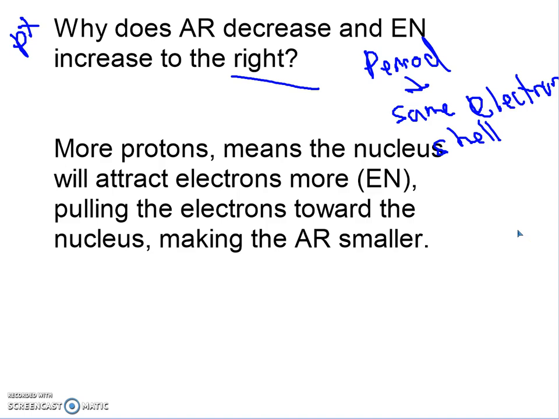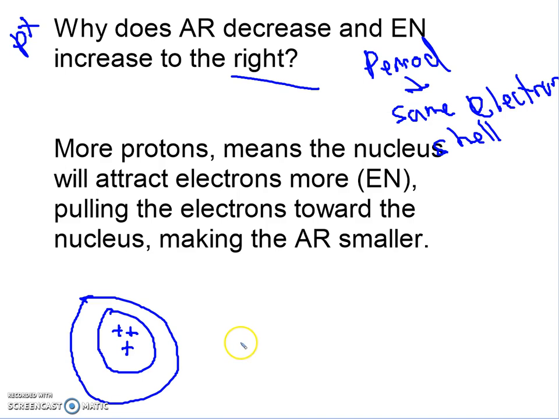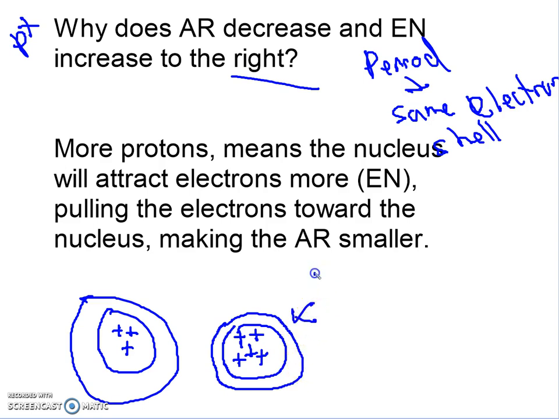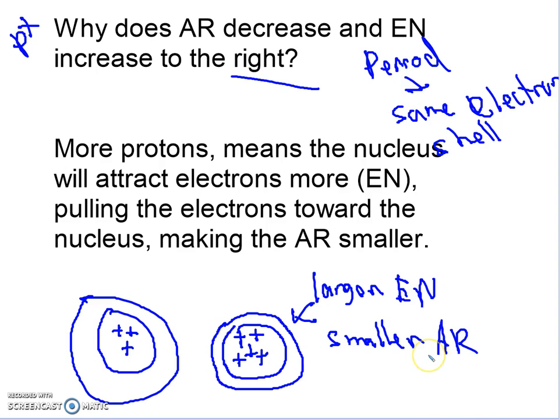So if I have, let's say, lithium with its 3 protons, and its electron shells are, let's say, right here, and then I compare it to something in the same period, like, say, boron, which has 5 protons, well, it's going to suck those electron shells in a lot closer because it has a lot more positive charge pulling those electrons in. So thus we have a larger electronegativity and a smaller atomic radius going to the right.